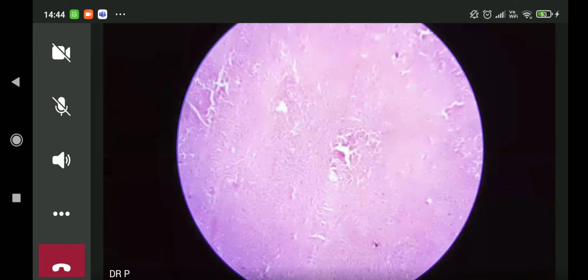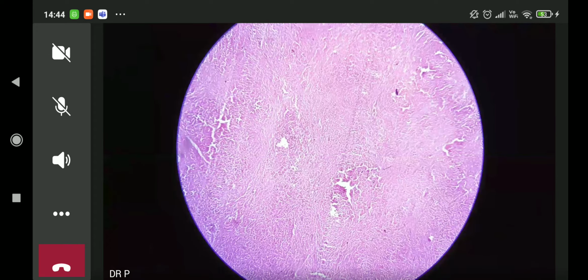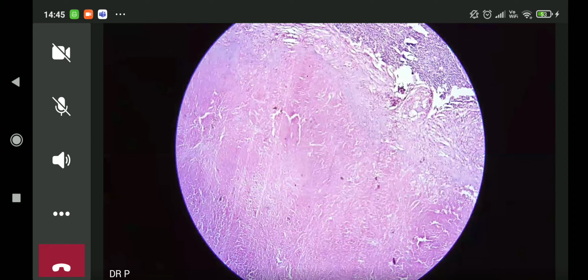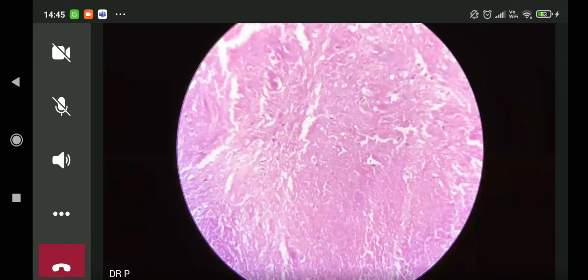Now, the first option that came out was amyloid. So amyloid is an extracellular eosinophilic homogeneous substance, right? Glassy, eosinophilic, homogeneous. This is not homogeneous. If you look carefully, you would even see some black dots within the substance of this material.